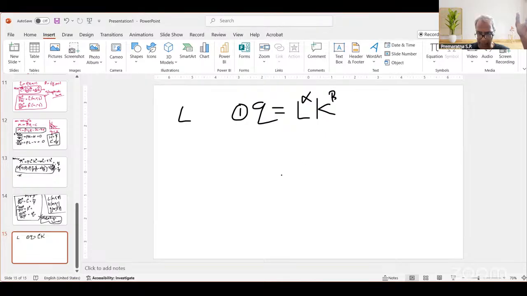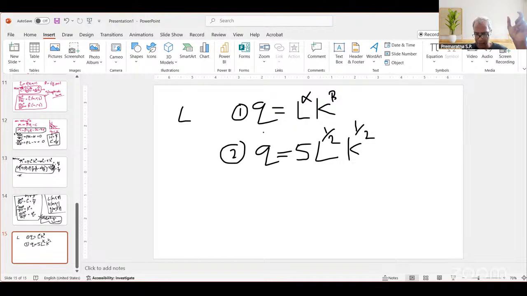With those you can practice the minimum value cost function and the maximum value profit function, the Shepherd lemma, Hotelling lemma, things you can practice for the exam. Either one I will give you. So I think you have to do this exercise, then you will understand.